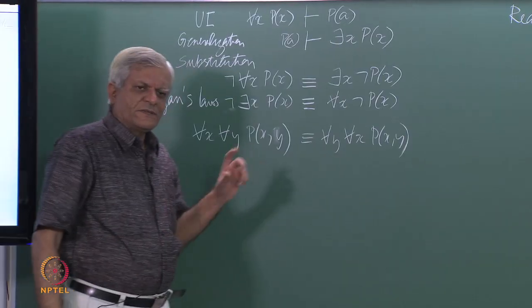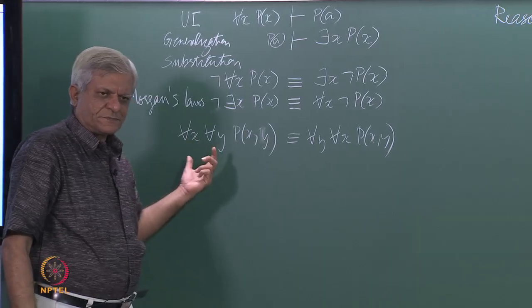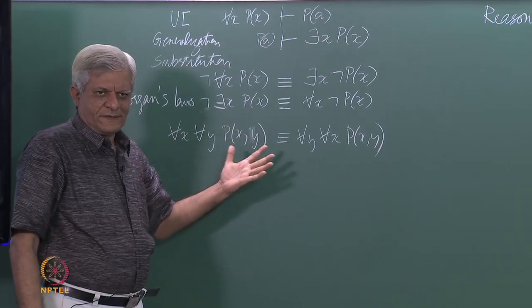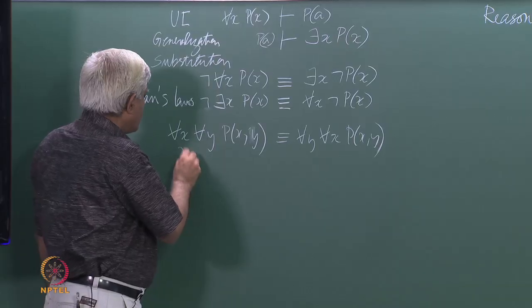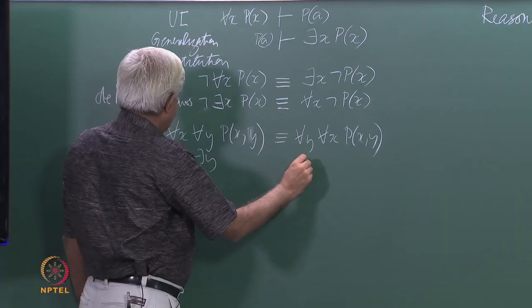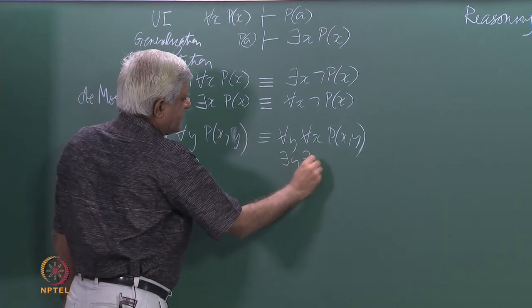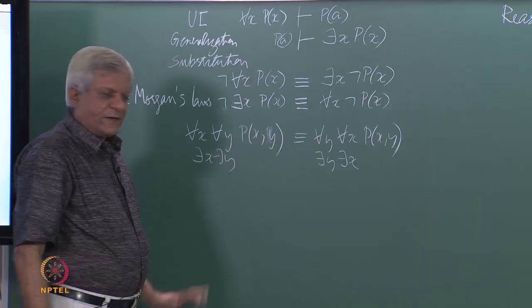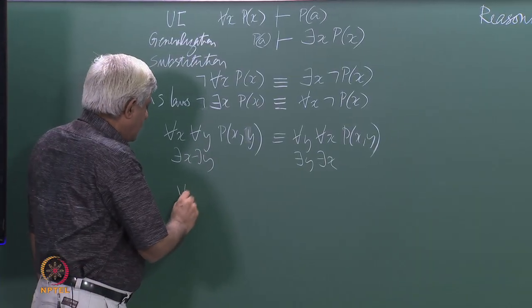So, quantifiers of the same kind you can interchange without changing the meaning of the sentence essentially. Likewise, there exists x there exists y would be similar to there exists y there exists x, but if the quantifiers are of different kind, then you cannot do that.